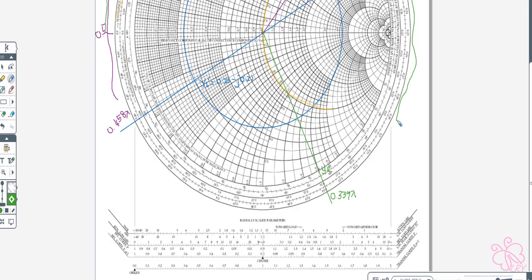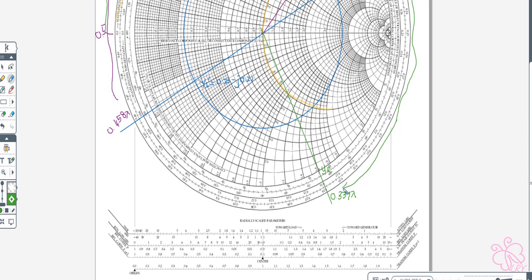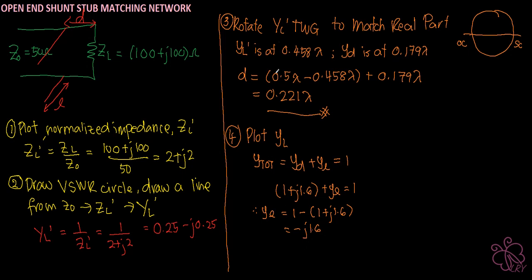So this is our L, the length of our stub. Because we start from open circuit, it will be 0 up until 0.339 lambda. So the value of our L, let me write it this way.